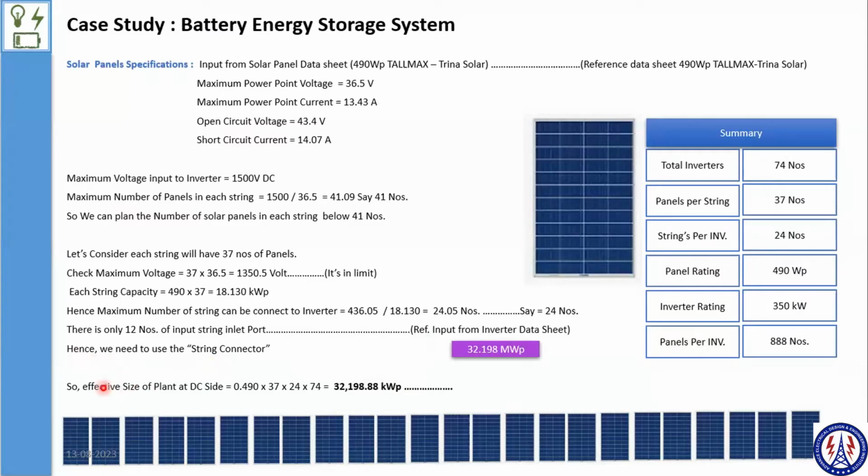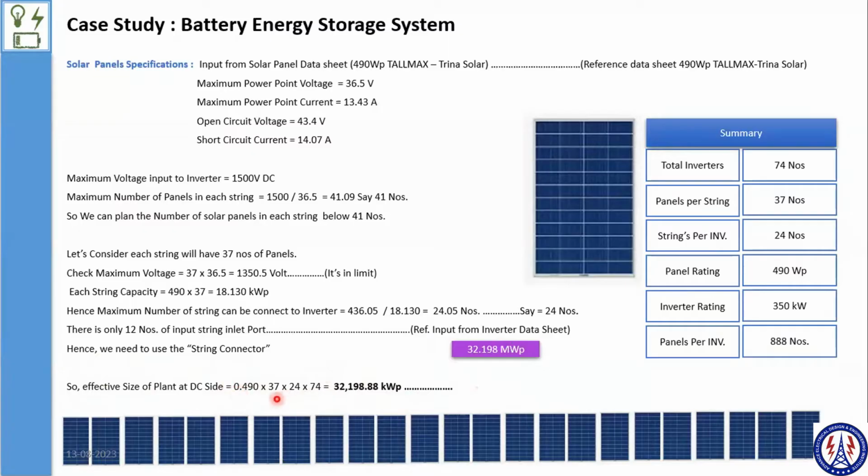Again, I did the reverse calculation just to showcase what exactly the plant capacity would be. Each panel rating is multiplied by the number of panels in each string. There are 24 strings in each inverter and there are 74 inverters, correct?